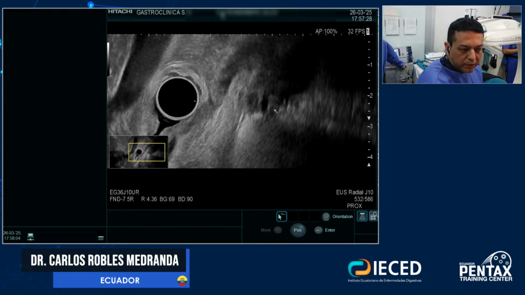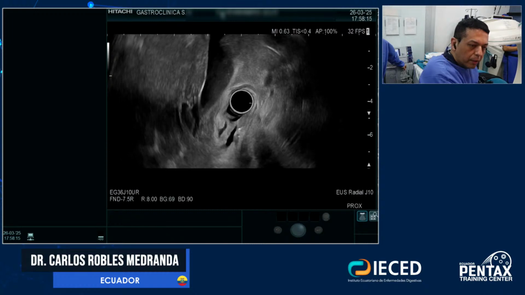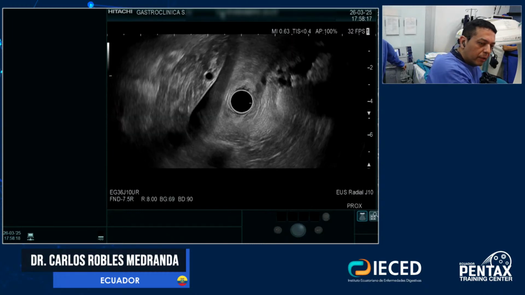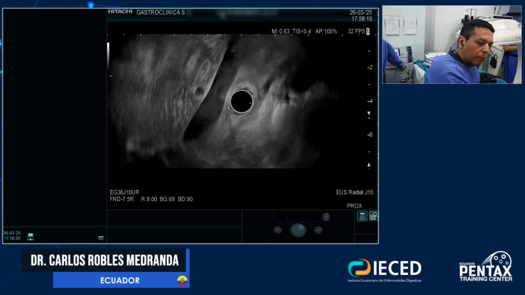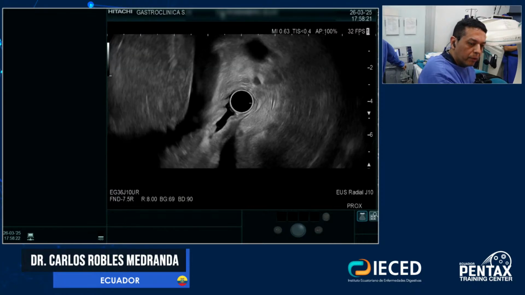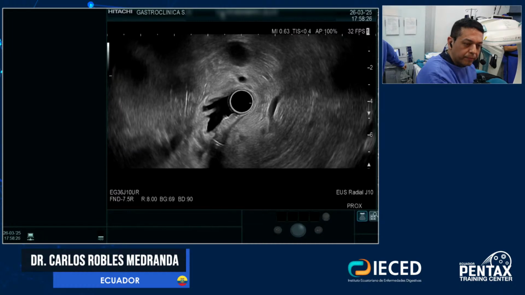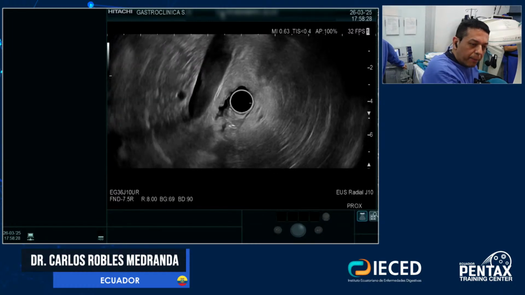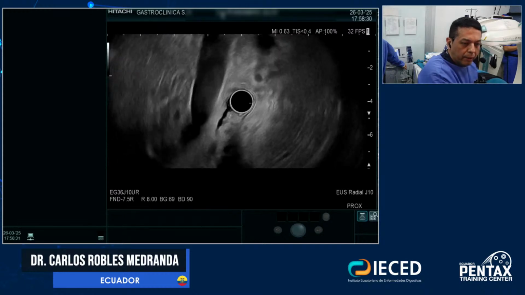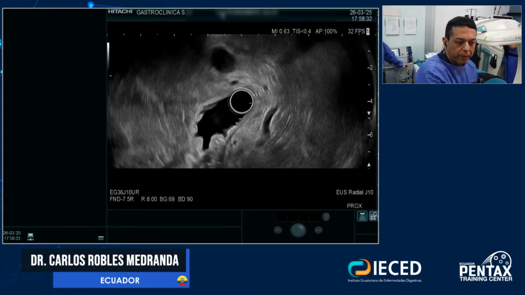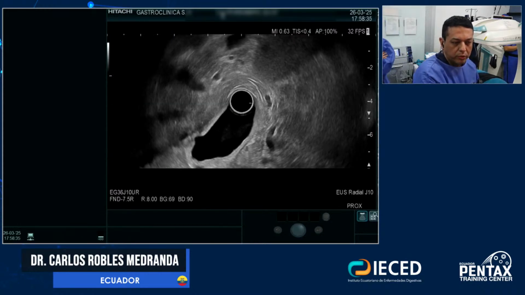And the inflammation we see like this, hyperechogenic with a band in the main pancreatic duct, shows me that this is inflammation, in contrast to the image that I saw in the body of the pancreas. So that's why I believe we need to evaluate by pancreatoscopy, right? This is a main indication.